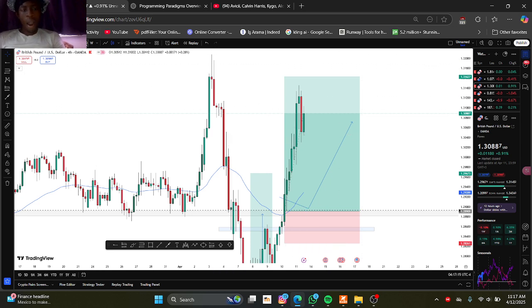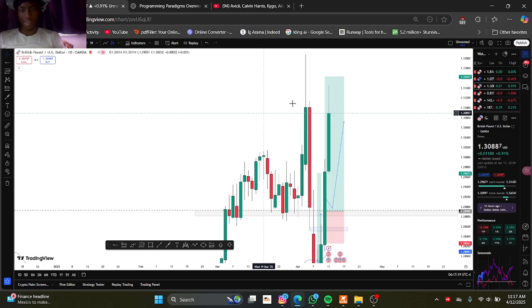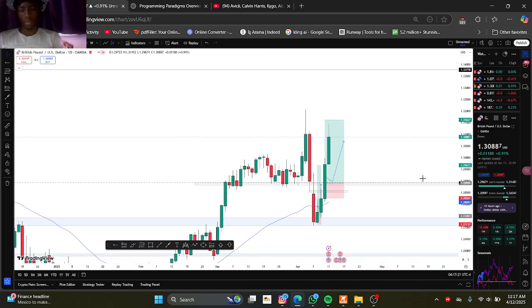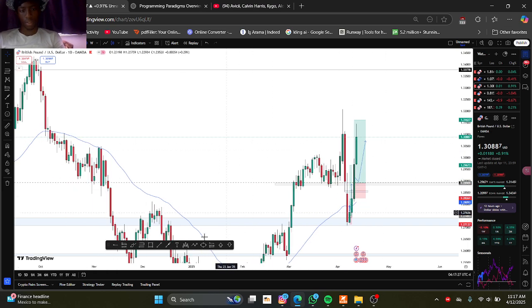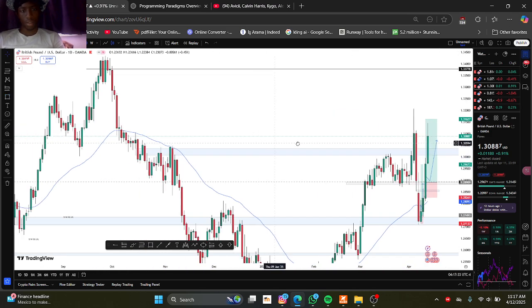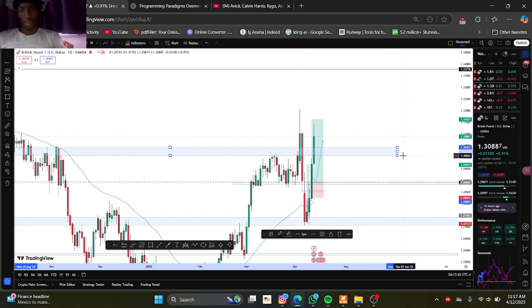Even though I'm no longer interested in this pair as of now, I believe this is a very nice setup. Yeah, it's a very nice setup. Maybe as of now, what I'll look for to join these buys is after a retest of this daily structure. Because after a retest of this daily structure, then I know that okay, we are in good hands.